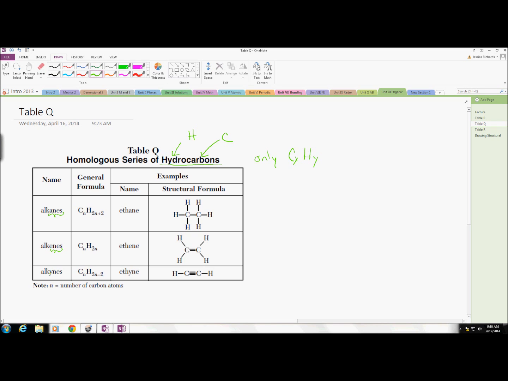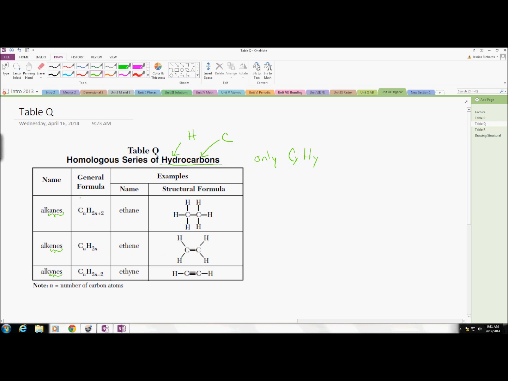So all of the alkanes end in ane: methane, ethane, propane, butane, etc. All the alkenes end in ene: ethene, propene, butene, pentene. And all the alkynes end in yne: ethyne, propyne, butyne, pentyne.